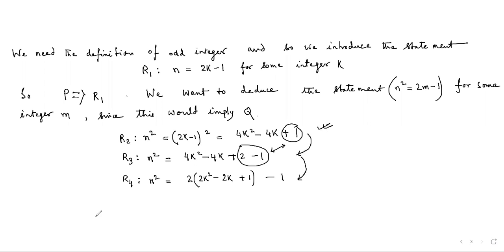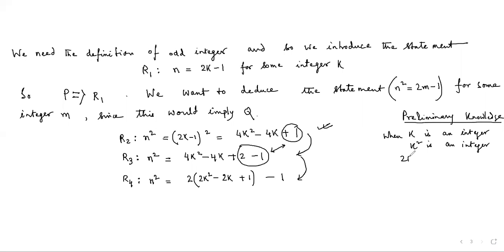Now obviously R3 follows from R2, and R4 follows from R3, and therefore one preliminary knowledge will be required in this particular case, which comes from the property of integers: when k is an integer, k squared is an integer, twice k squared is an integer, 2k is an integer, 1 is an integer.